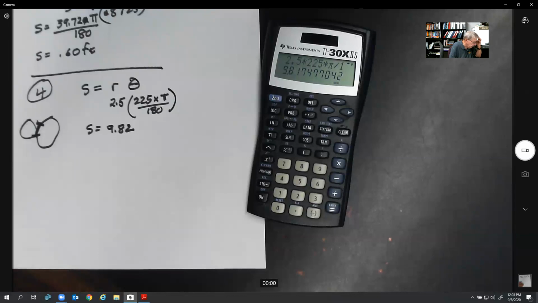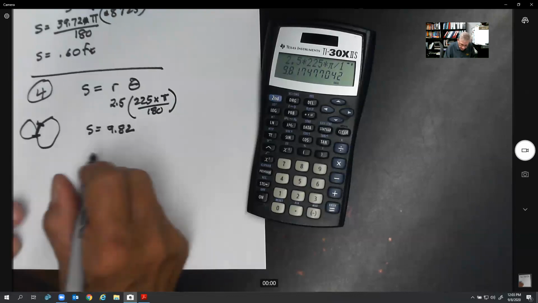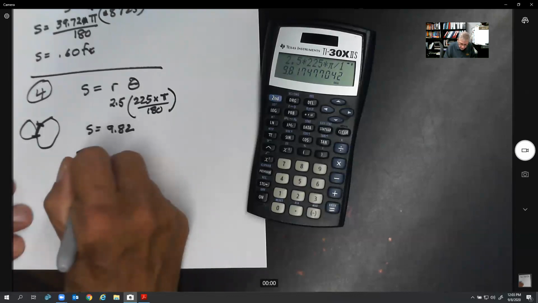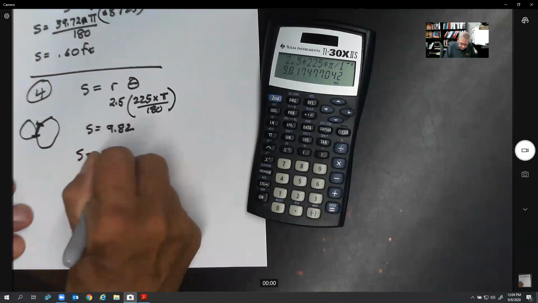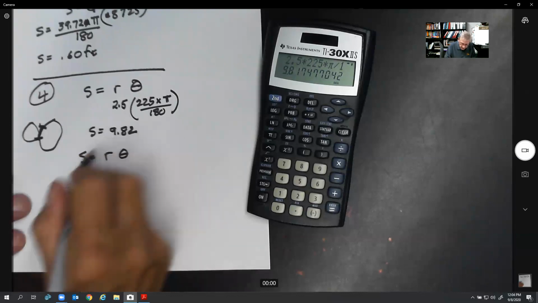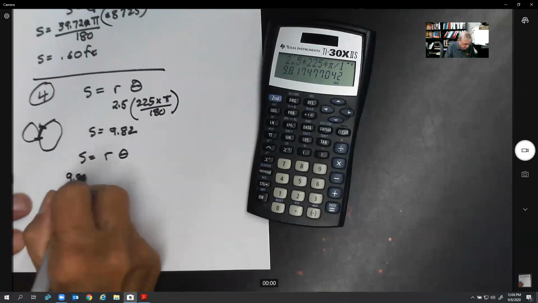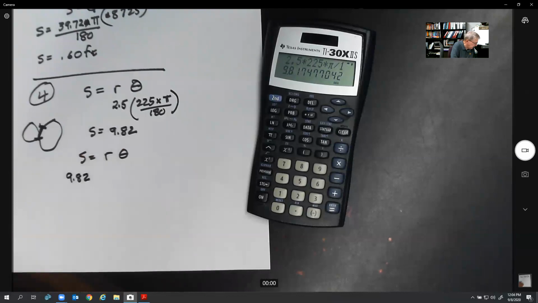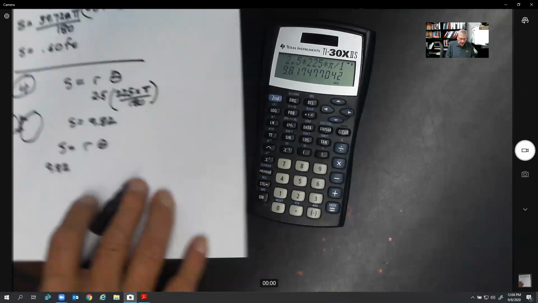So we're going to use the formula again, r theta. But we know the distance, 9.82. What are we trying to find here? We're trying to find the angle at which this is going to happen.